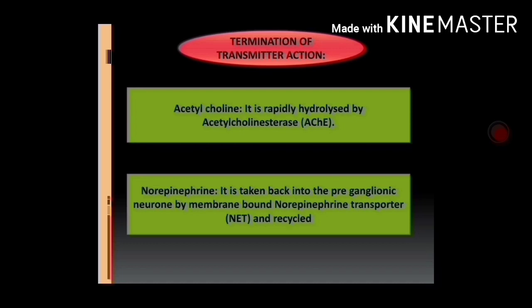There are two types of cholinesterases that hydrolyze acetylcholine into acetate and choline. These cholinesterases are acetylcholinesterase and butyrylcholinesterase. In the case of norepinephrine, it is taken back into the presynaptic neuron by the membrane-bound norepinephrine transporter and recycled for further use.